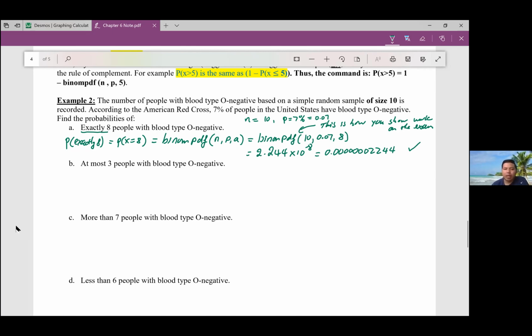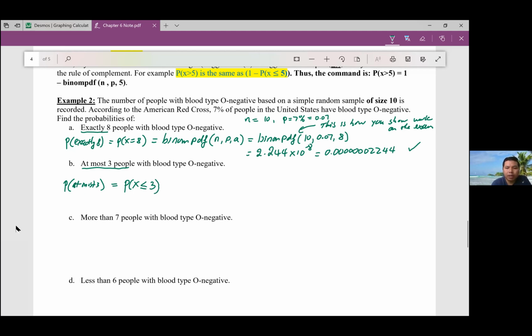All right, next up, I want to have at most 3 people. So the probability of at most 3 is equivalent to the statement x less than or equal to 3.